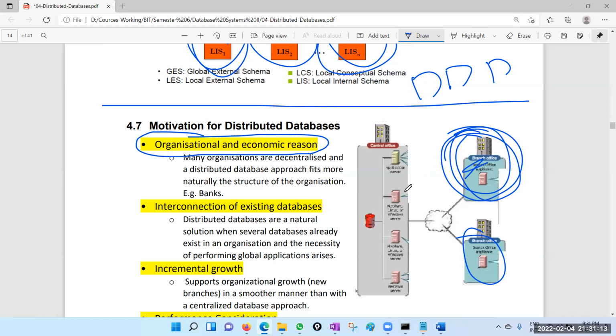And also, when you have everything in one place, there are performance issues, because every branch is connecting to that particular centralized database. So when the load is shared in different sites, the performance hit is also less.